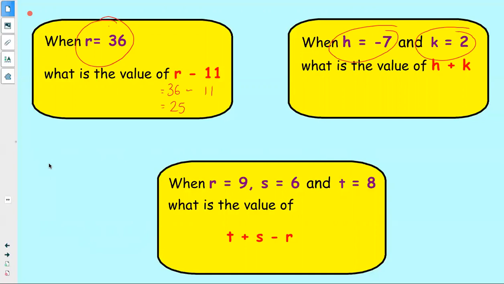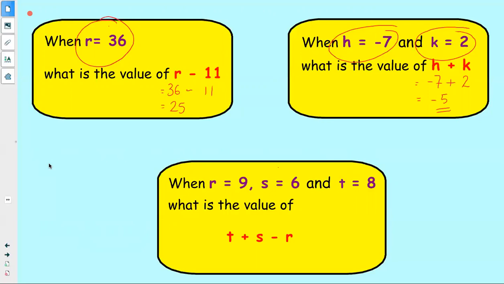So under the h, we write negative 7. You've got an add sign there, which is fine because the k is a positive 2. If you're on negative 7 and you add 2, you would then be on negative 5. Again, I'm assuming you're comfortable with your negative numbers.